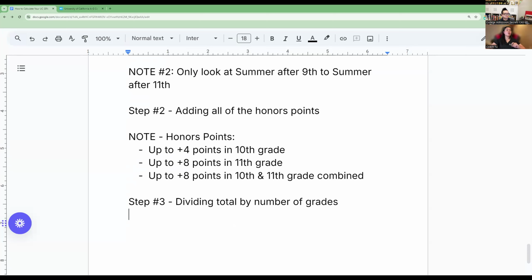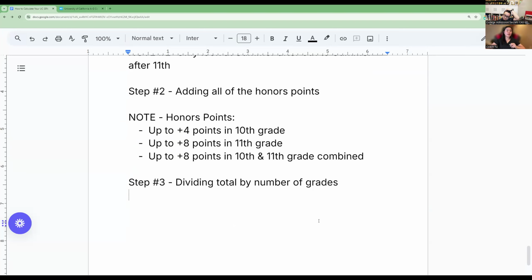And for 10th and 11th grade combined, you can get up to a total of 8 points added into your GPA. And this is for both semester or all 3 trimester or whatever system you guys fall into. This will be all across the board, okay?